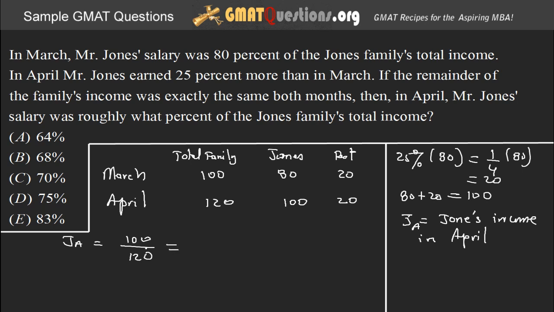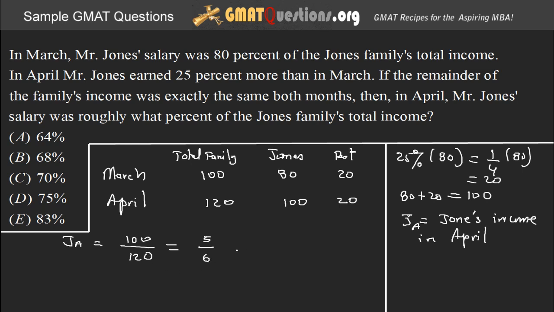The best thing here is to simplify. We understand that 20 goes into 100 and goes into 120 as well. So if we divide by 20, you're going to get 5 over 6. Again, I divide 100 by 20, which gives me 5, and I divide 120 by 20, which gives me 6.